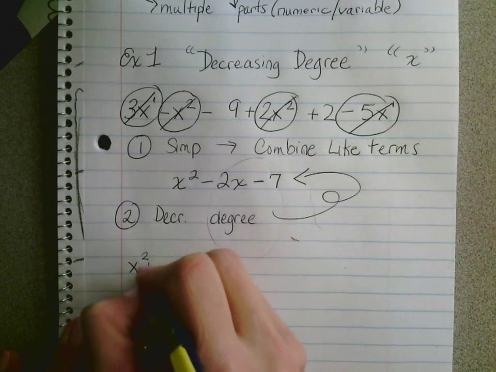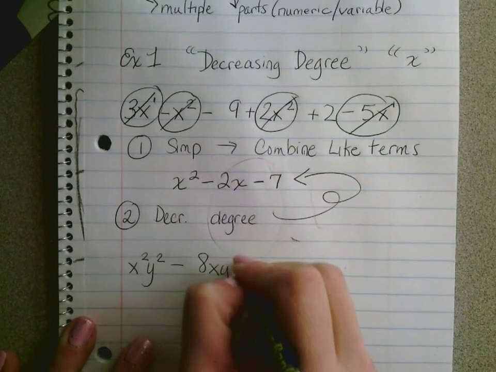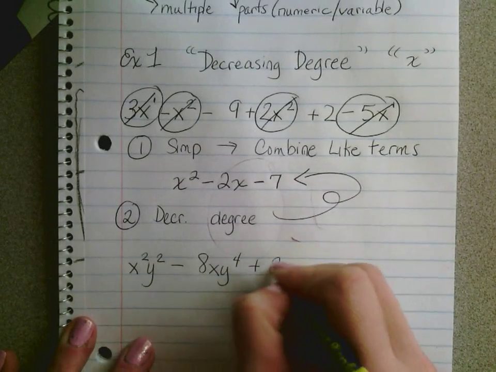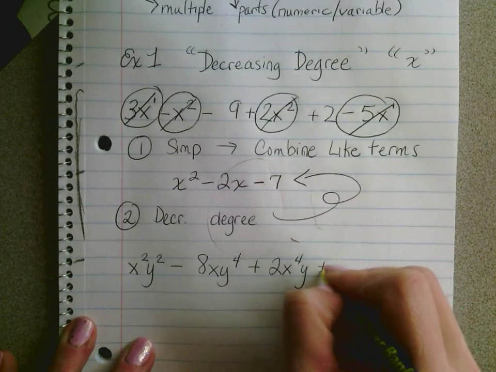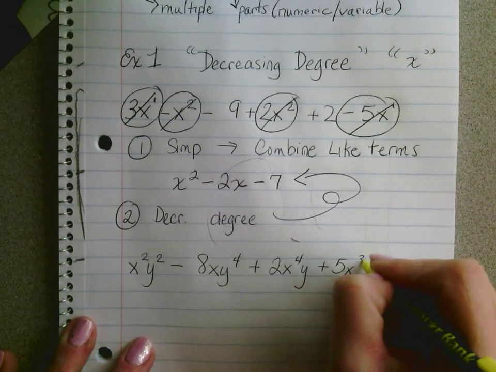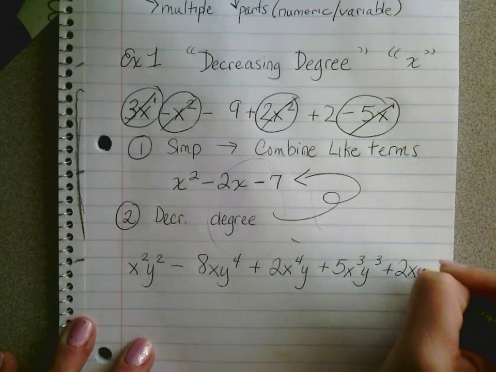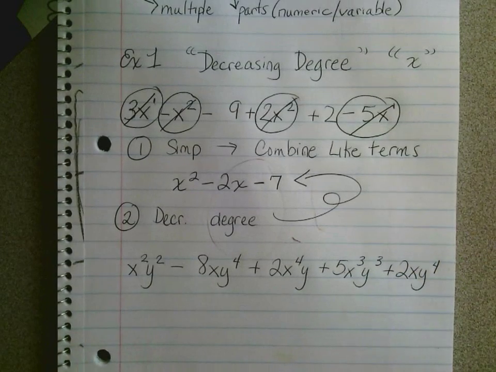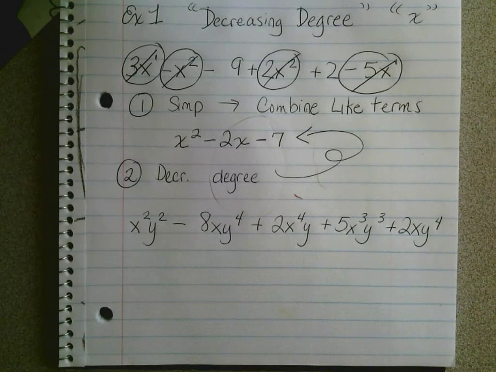We're going to do x squared y squared minus 8xy4 plus 2x4y plus 5x cubed y cubed plus 2xy4. This is a little trickier to visualize, but in alphabetical order, x precedes y. Would you agree with me? Unless something's changed since last semester.